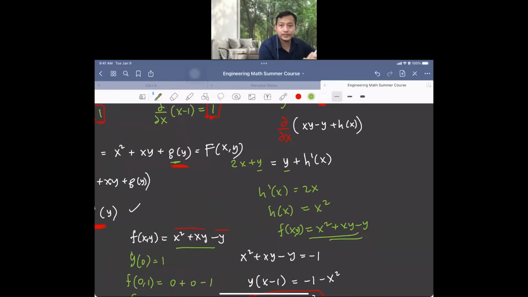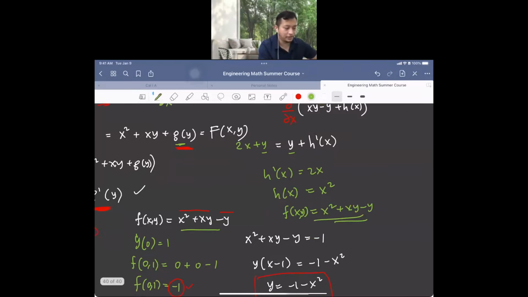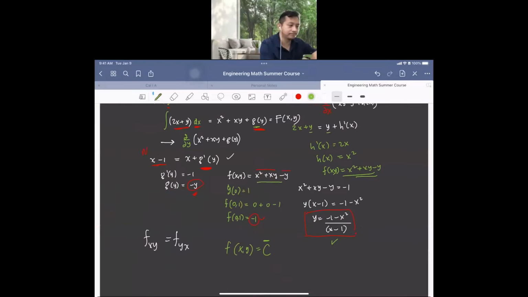And I have uploaded this note in your drive folder, in your homework one folder that I gave you last time. You can check the notes, it's supposed to be engineering math, week one. So you can check my notes up until here, just a quick review of the exact equation, right?